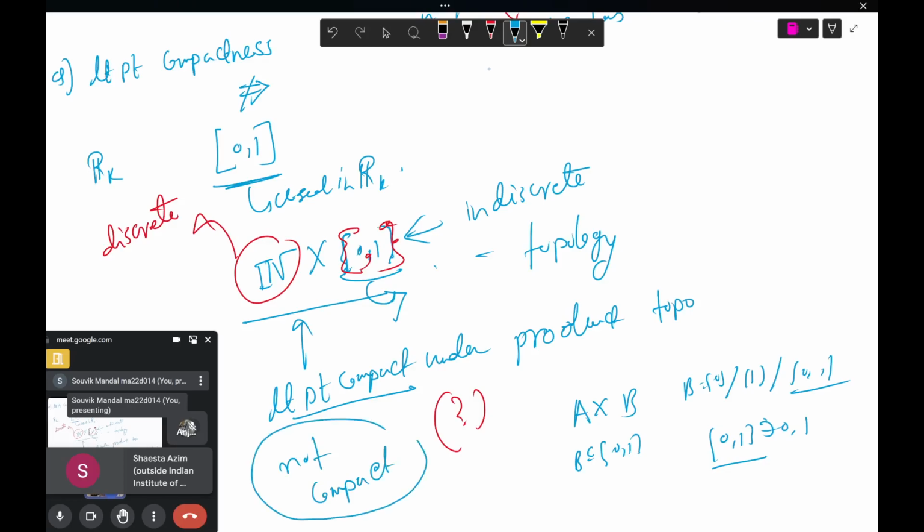So now can you think why it is not compact? You need to find an open cover, and it is almost easy. But just tell me which open cover you will take. That's the point.